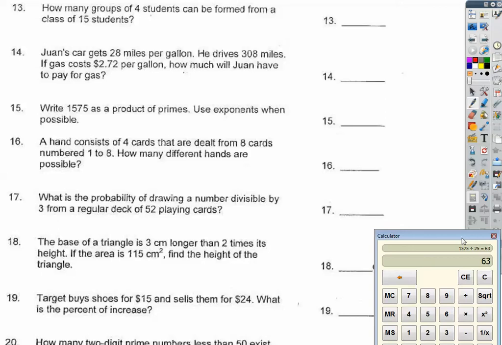In this case, the answer is no, because we're not adding these numbers together. They're just pieces. They're parts of a deck. So I believe this is a combination. So we have combination 8, 4. So we have 8 times 7 times 6 times 5 times 4 times 3 times 2.